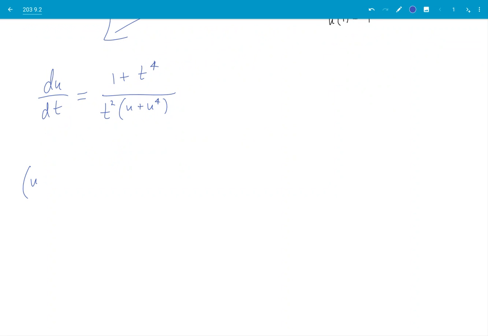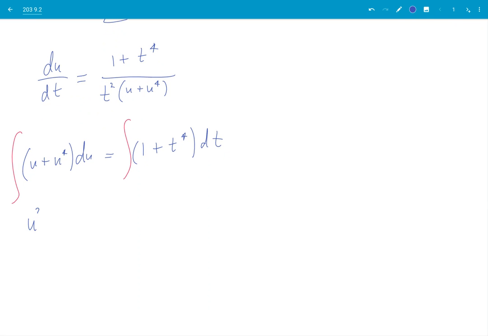I get u plus u to the 4 du is 1 plus t to the 4 dt. So I have separated by factoring first. Separate, integrate is my next step. u squared over 2 plus u to the 5 over 5 is equal to t plus t to the 5 over 5, and I throw my constant on the right-hand side.